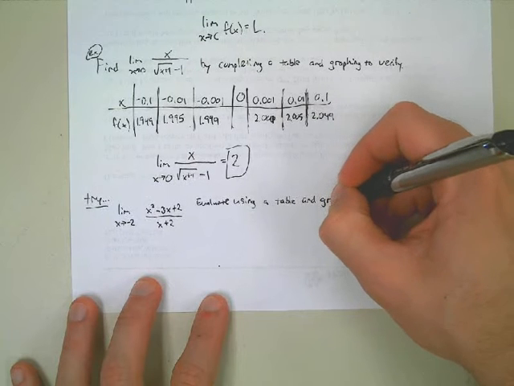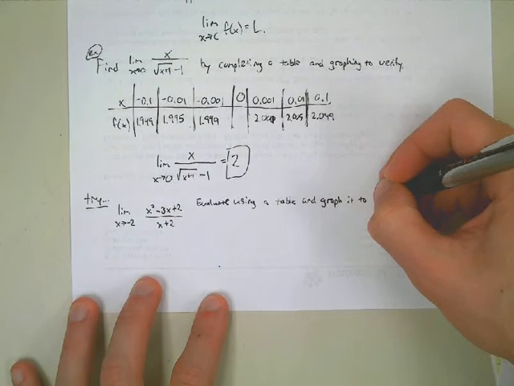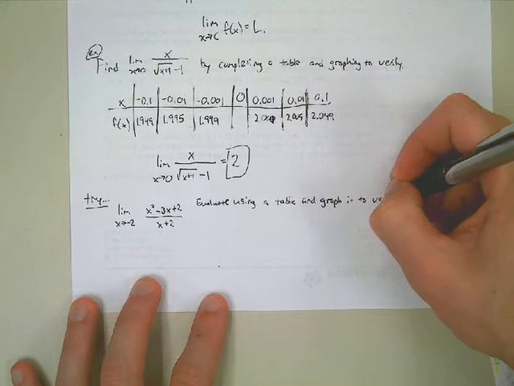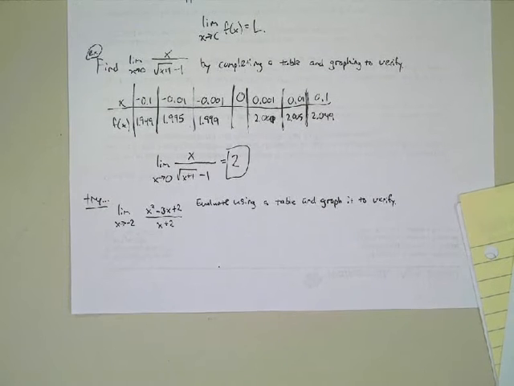And I'm going to warn you, be careful about how you pick your table values. Be careful, because we're approaching -2, so make sure that you're approaching -2 correctly from the left and correctly from the right.